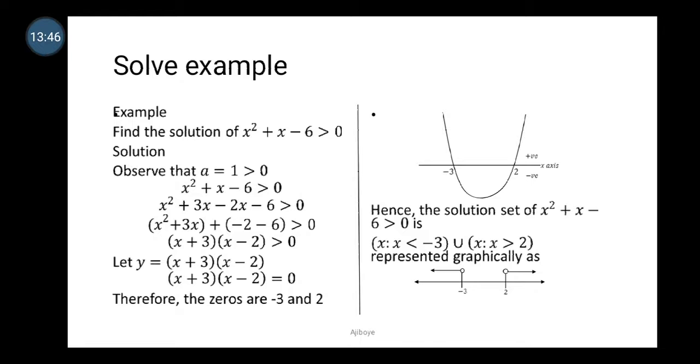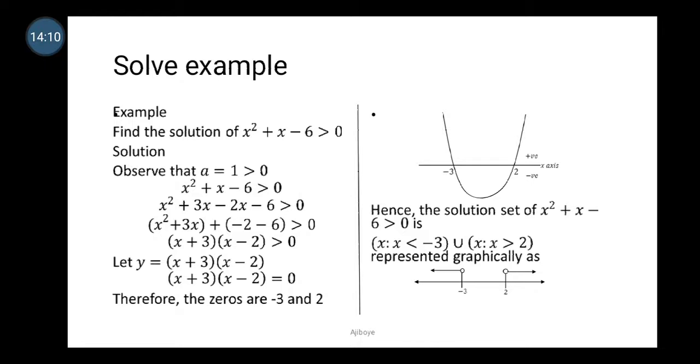So ordinarily we would find the zeros of the quadratic just by factorizing. If you factorize the quadratic expression by the usual factorization method, you have two factors: x plus 3 and x minus 2.